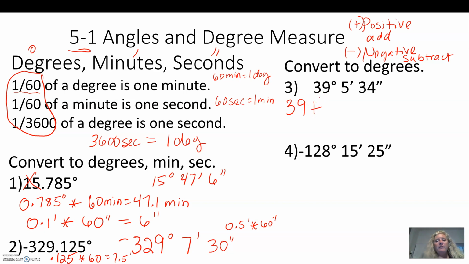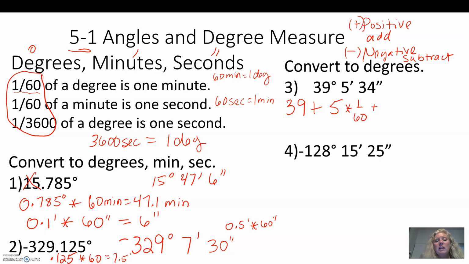Now, the 5 minutes, we're going to use this conversion for the 5 minutes. So I'm going to have 5 times the conversion factor, which is 1 over 60. And then plus, now this is the tricky part. With the seconds, we're going straight from seconds to degrees. We're not going from seconds to minutes to degrees.